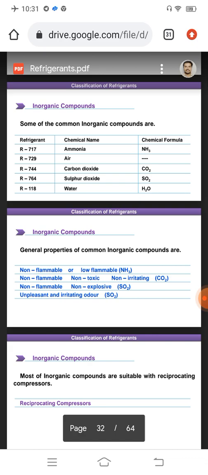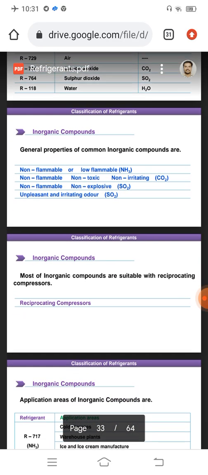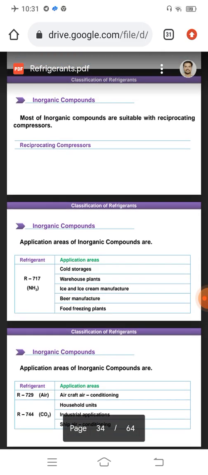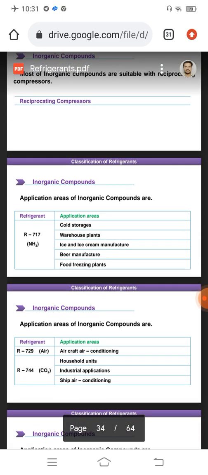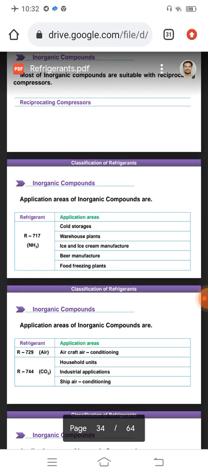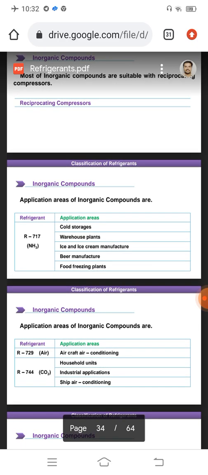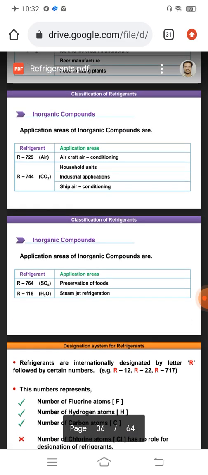CO2 is non-flammable, non-toxic, and non-irritating. Ammonia we generally use in cold storage, beer manufacturing, ice cream manufacturing, warehouse plants, and food freezing plants. Carbon dioxide we use in household units, industrial applications, and ship air conditioning. So we have seen the applications of the inorganic compounds.